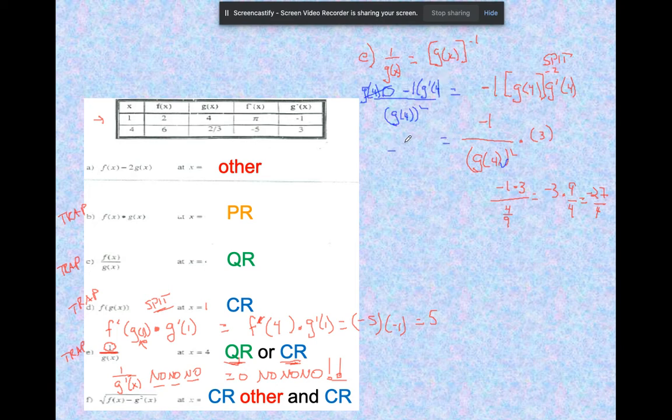So that's -3 over 2/3 squared, which is -27 over 4. So I got the same thing both ways.